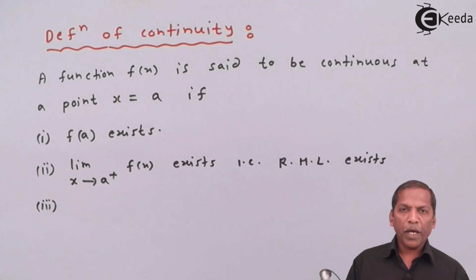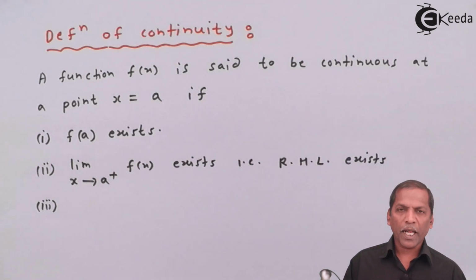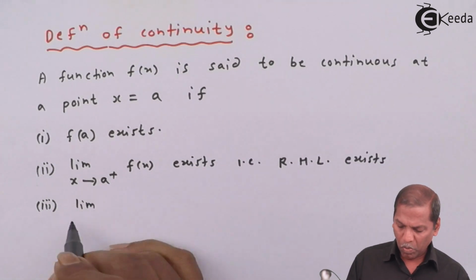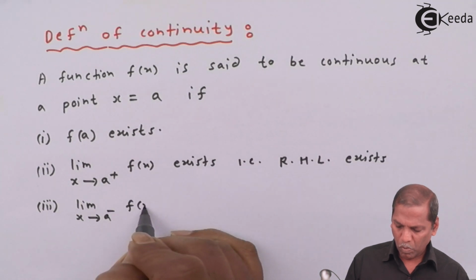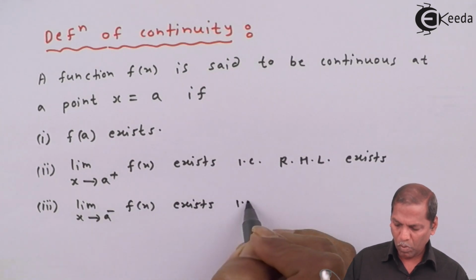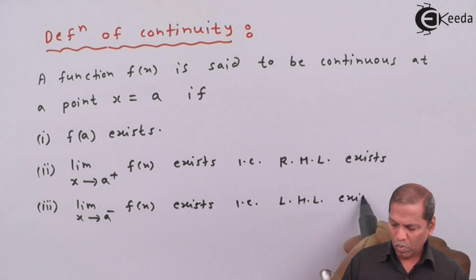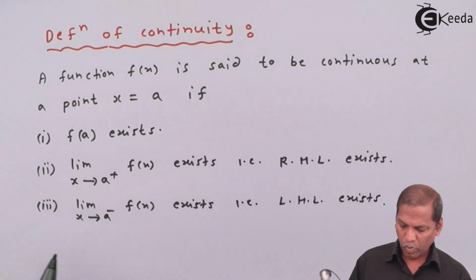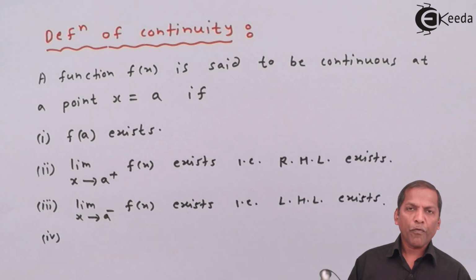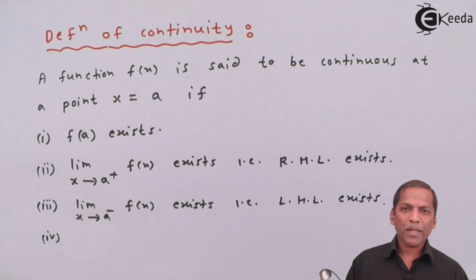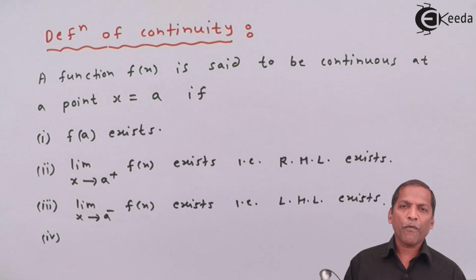Number 3, limit x tends to a- f(x) exists, that is left hand limit exists. And number 4, limit x tends to a+ f(x) is equal to limit x tends to a- f(x) is equal to f(a).